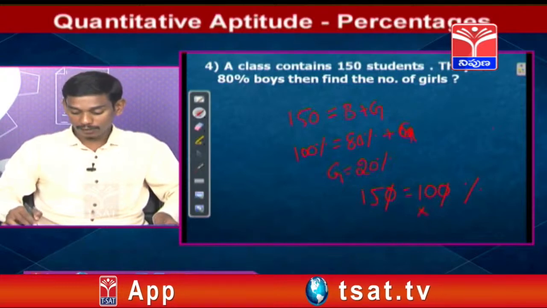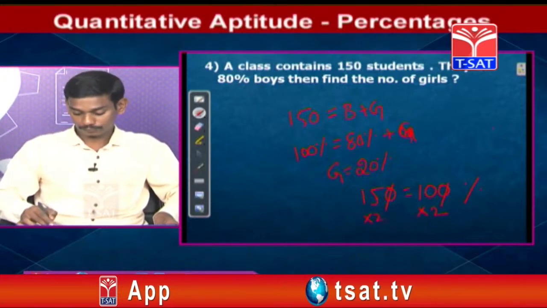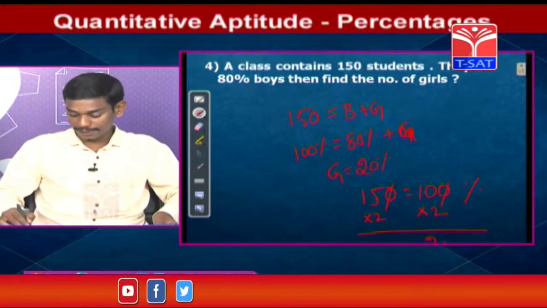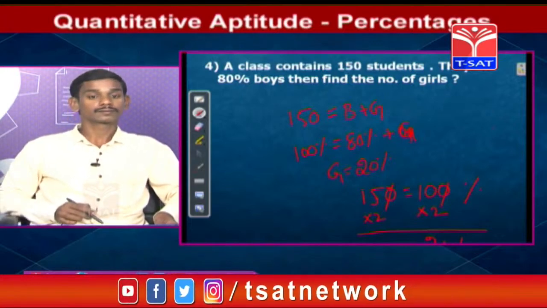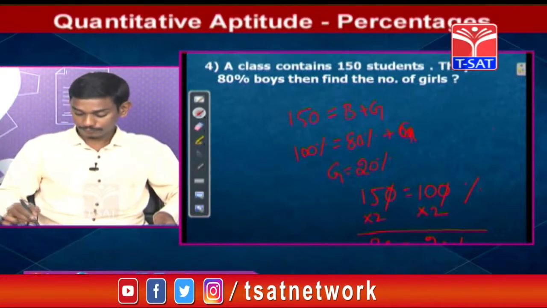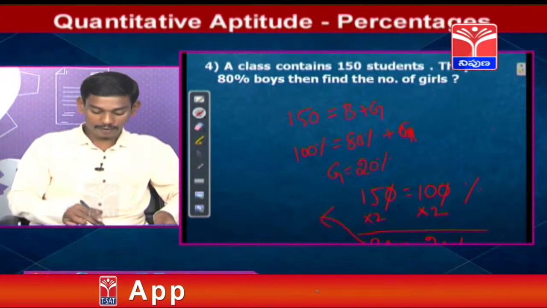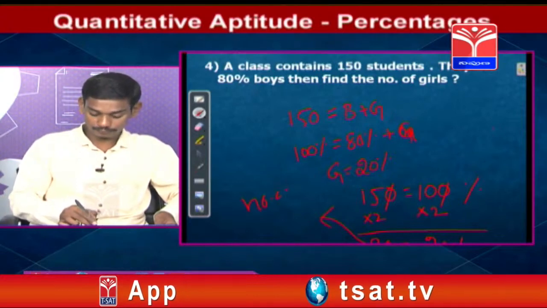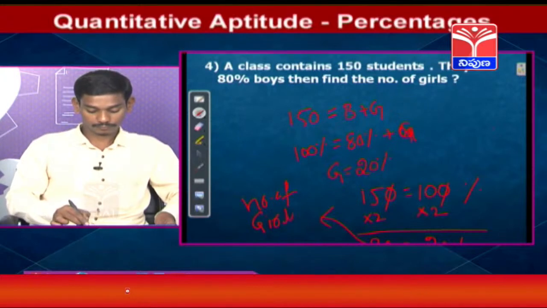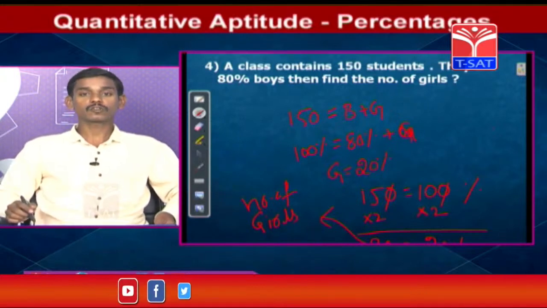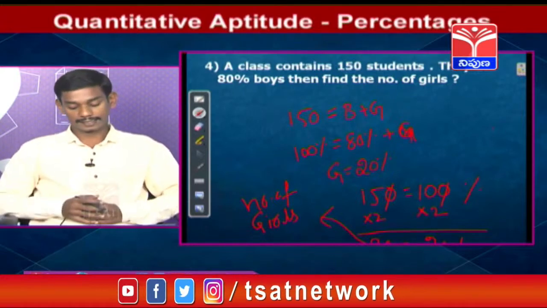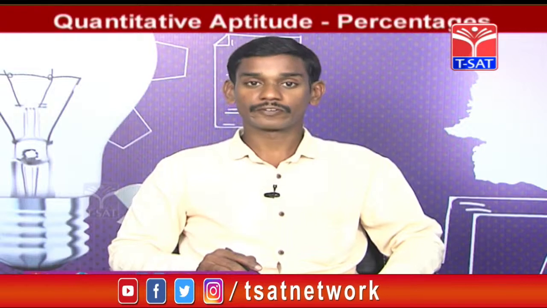So multiply by 2. 10 into 2, that means 20%, and 15 into 2, that means 30. This is the number of girls. So number of girls is 20%. The value of 20% in 150 is 30. So this is the fifth question.